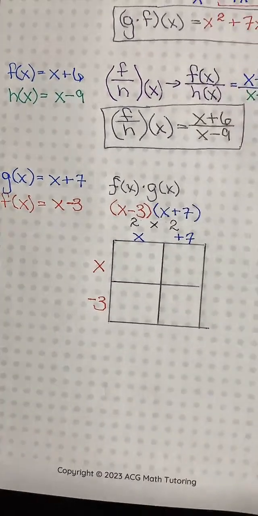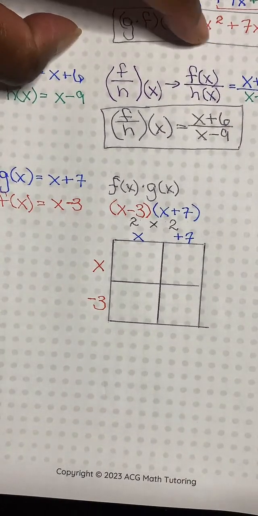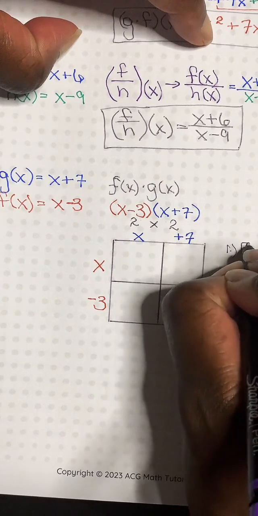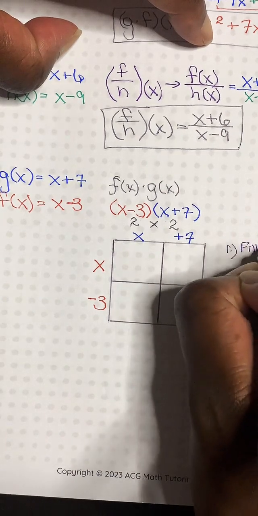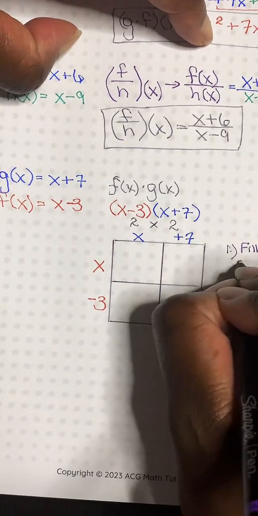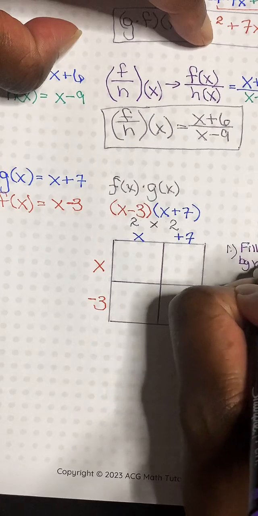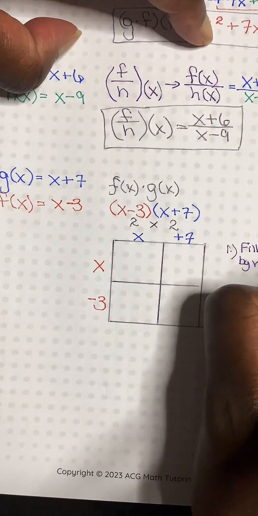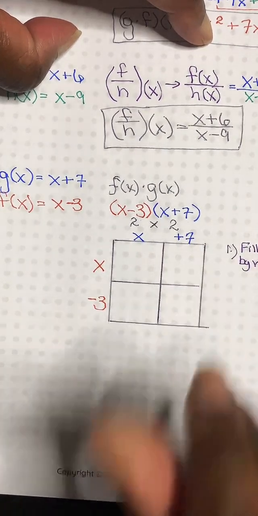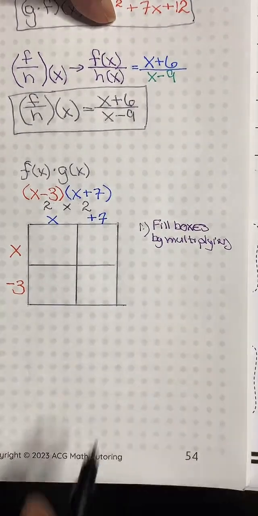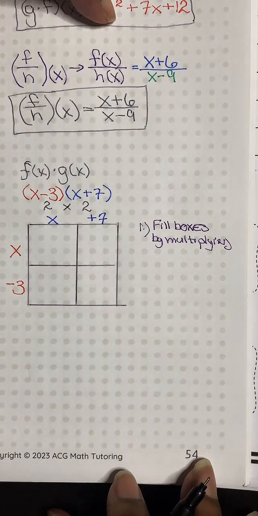So, as a reminder, we fill the boxes. I'm going to move this over in a second, I swear. First we got to fill the boxes by multiplying.